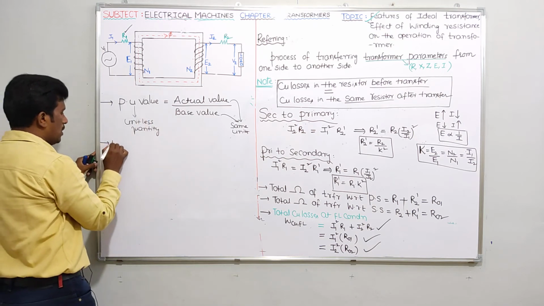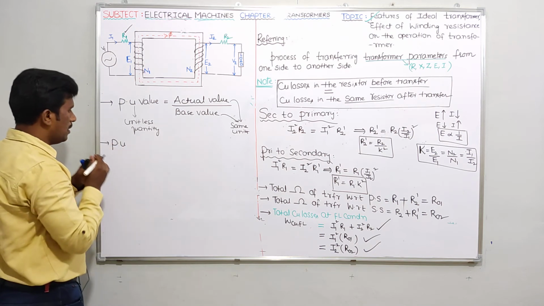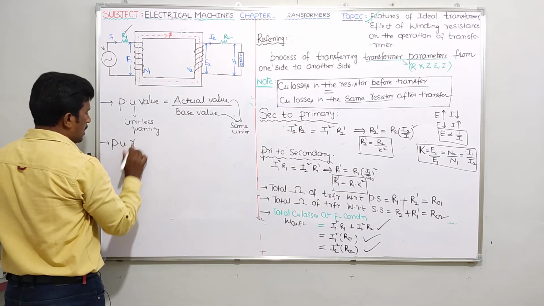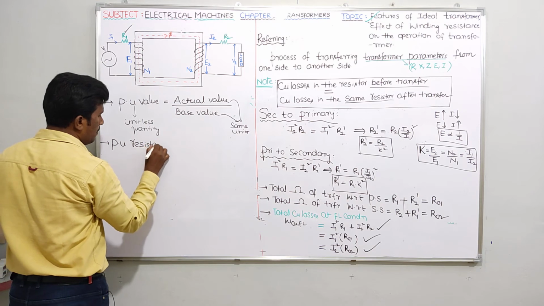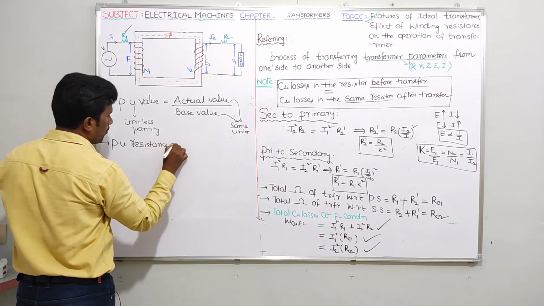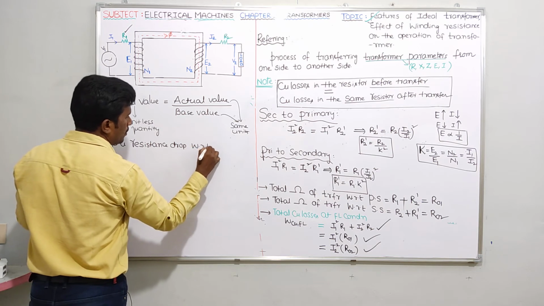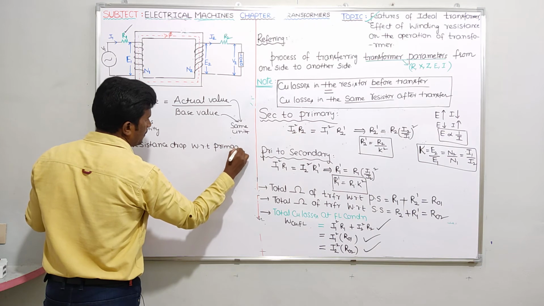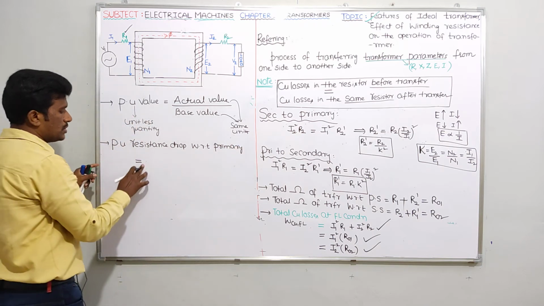Very simple question I am asking. Per unit resistance drop with respect to primary. How can you answer this question?